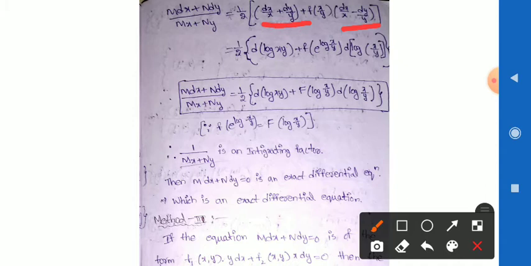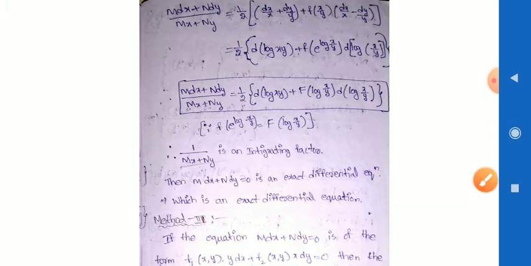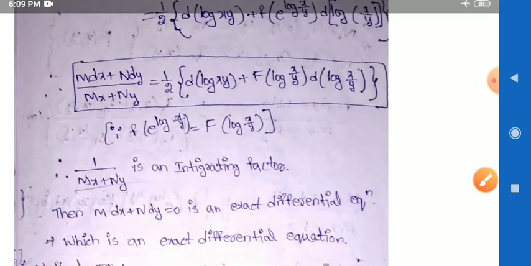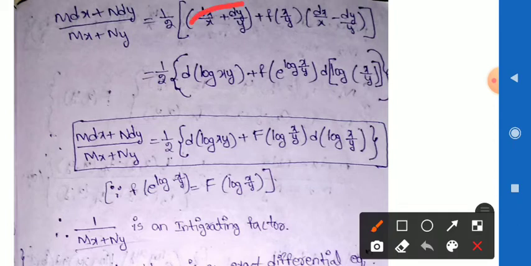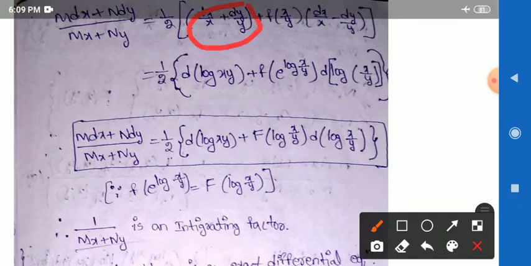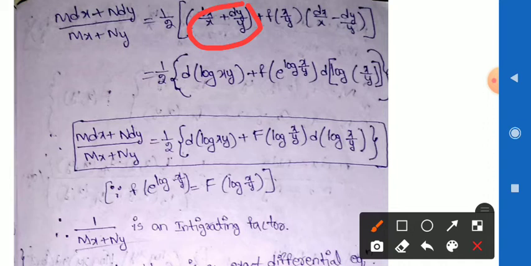We have the formula, with 1/2 common: 1/2 times (dx/x + dy/y). It can be written as d(log xy) plus f(e^(log x/y)) times d(log x/y).